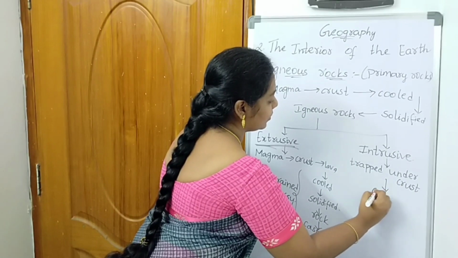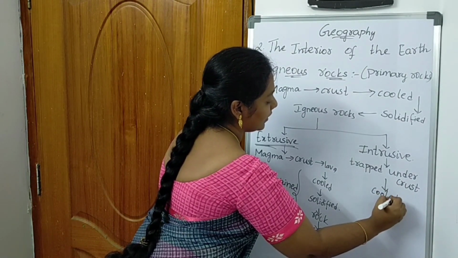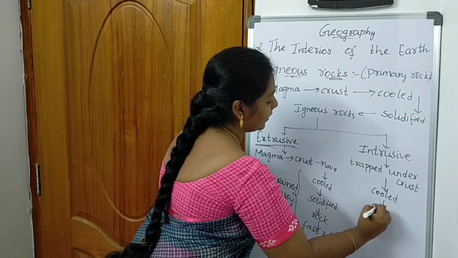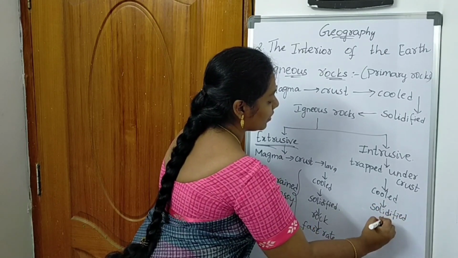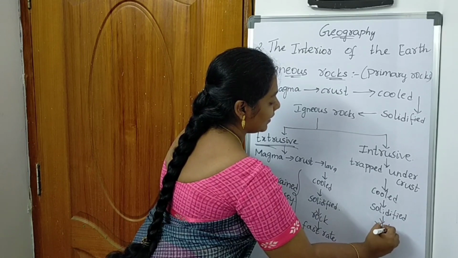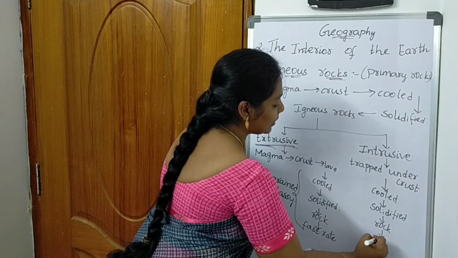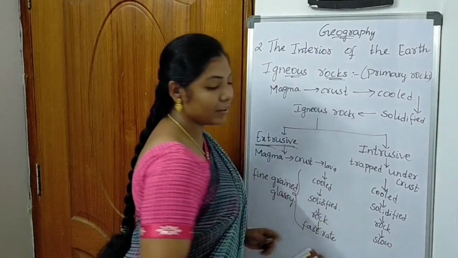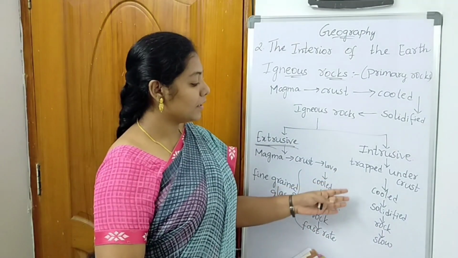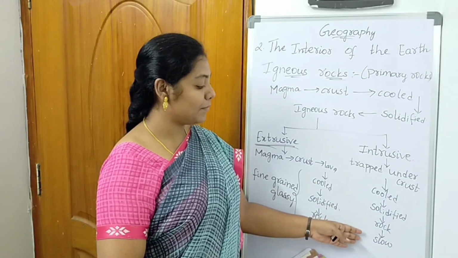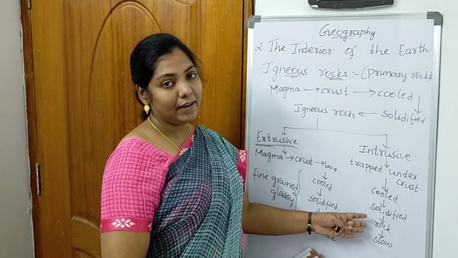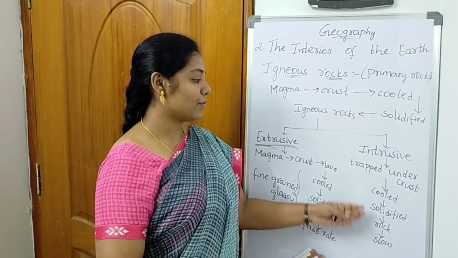There it got cooled down and solidified, thus forming rock. It is a slow process because everything is happening internally, so it cannot solidify so quickly. It takes longer time to solidify, and the rock is formed.